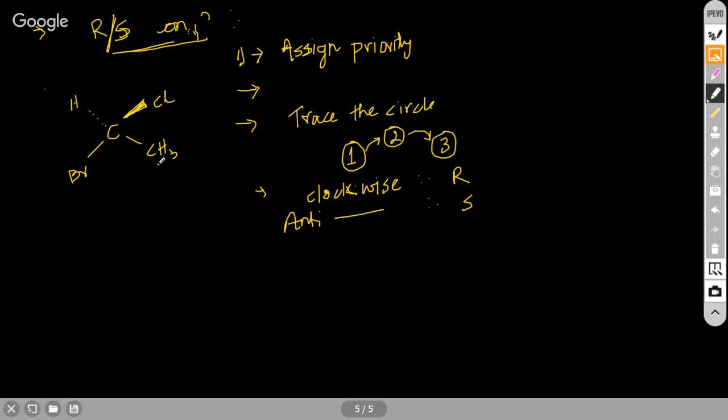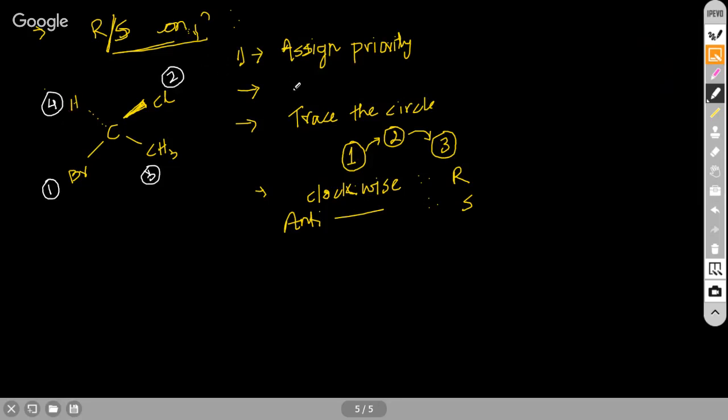If the groups are attached, then we compare the atomic number of the first atom. Here it is carbon, right? So which one has the highest atomic number? Obviously bromine. So bromine has the highest priority. Then we have chlorine second. Then we have carbon third. And in the last we have hydrogen fourth.